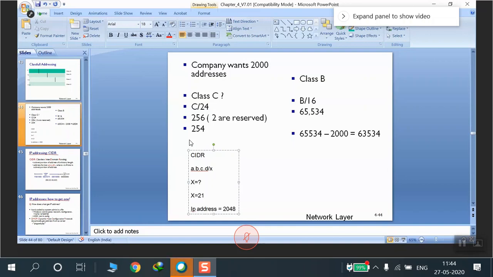So the first 21 bits specify the organization's network address, common for all PCs in the organization, and the remaining 11 bits would identify the host. From the remaining 11 bits we will get 2 to the power of 11 IP addresses, that is equal to 2048. All right, of these 2048 out of 2000, remaining only 48.